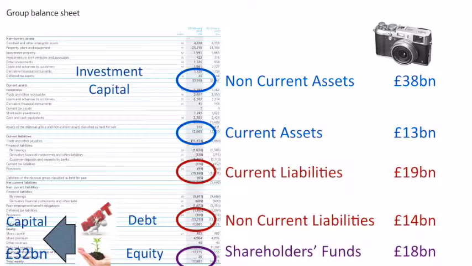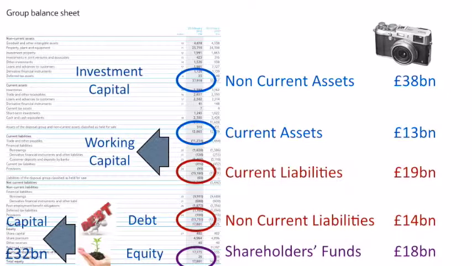But the business also needs sufficient funds to operate on a day-to-day basis, and this is called the working capital. The working capital is a combination of cash and things that are going to become cash soon, that is, the current assets, and the amounts that it needs to pay soon, the current liabilities.